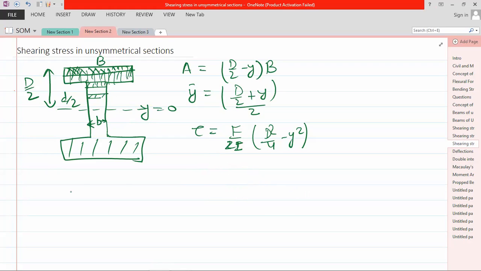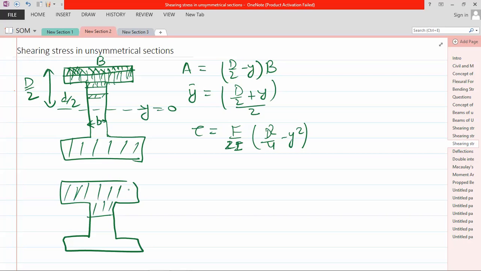Suppose if I am taking this, and this is your area, and I want to obtain, and this is your center y is equal to 0, and this is your y. Now what is the area?